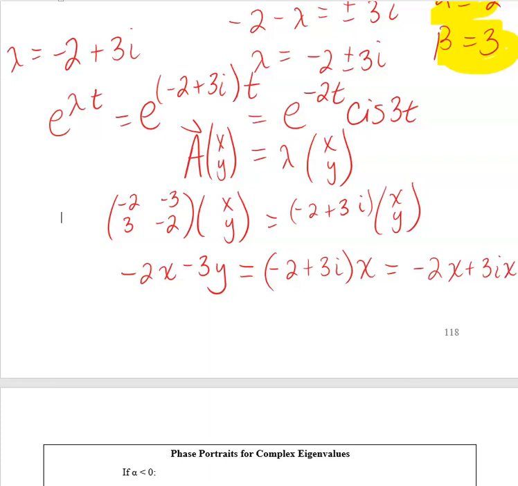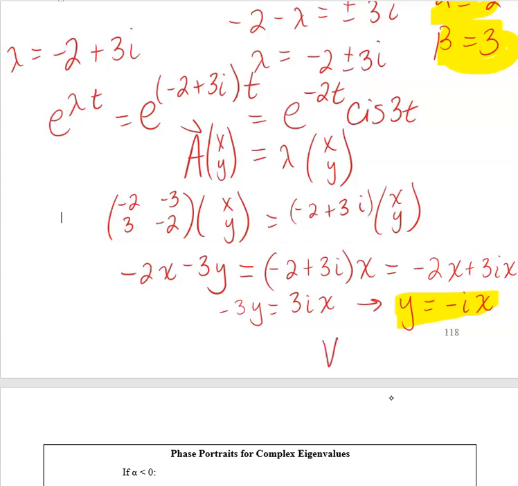And then just like always, you want to solve for y. Notice that those -2x's are going to go away, so we're left with -3y equals 3ix. If we divide by the -3, we end up with a straight line solution of y equals -ix. So that's what we're going to use to come up with our corresponding eigenvector.